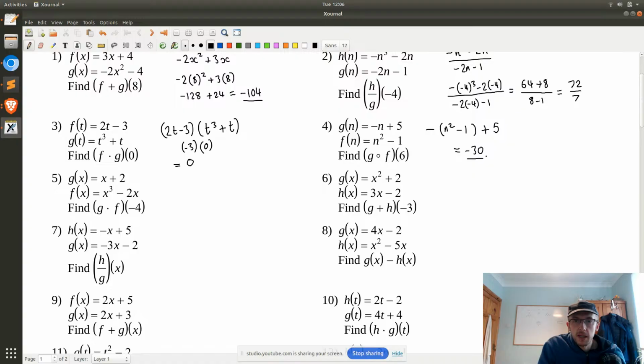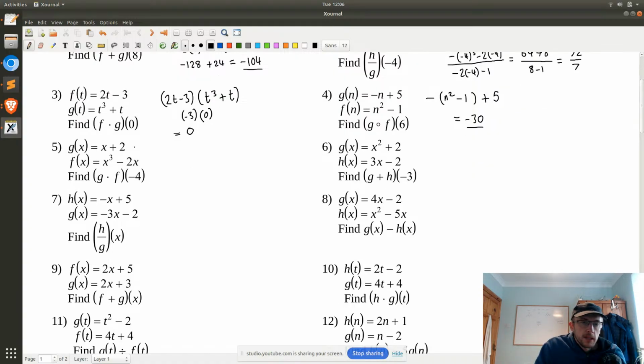Because I'm speaking aloud. Okay, here it's function multiplication again. So just getting in the habit of putting them right next to each other like that. And then I have to substitute in -4. So do I multiply it out?